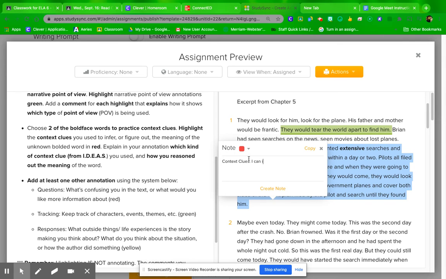I can infer that the word extensive means thorough because they would tear the world apart to find him.